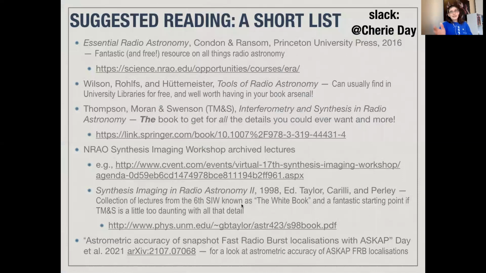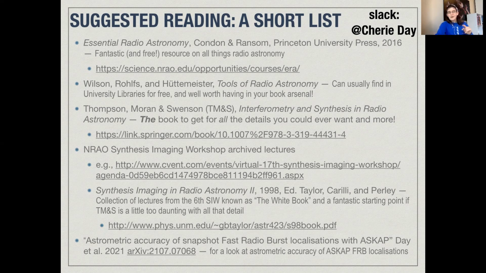All right, well, that's about it from me, but I do want to leave you with a few extra resources that you might find useful. These are more general and less FRB specific, but they are fantastic resources that every radio astronomer should have at their fingertips. I've included the links to those that are available digitally for free, which is most of them. Otherwise, they should be available at any university library.